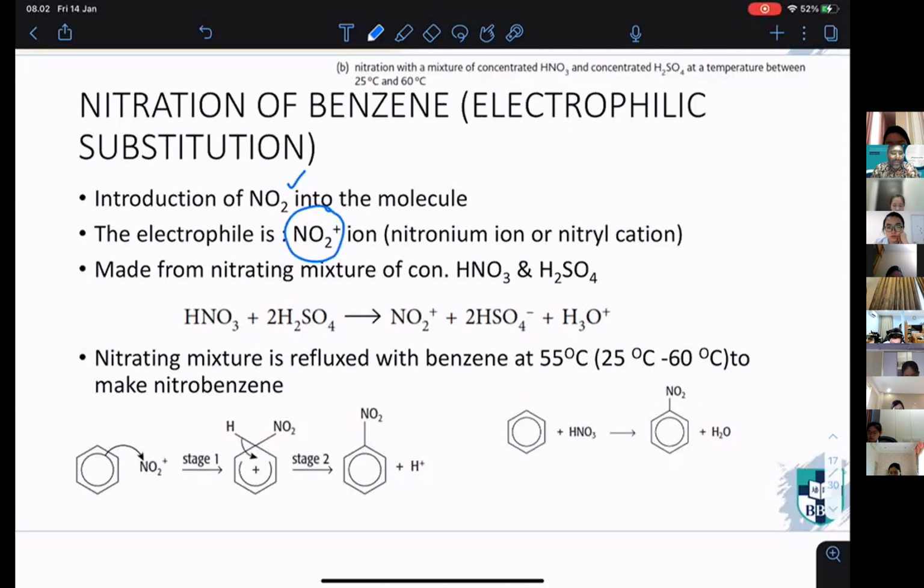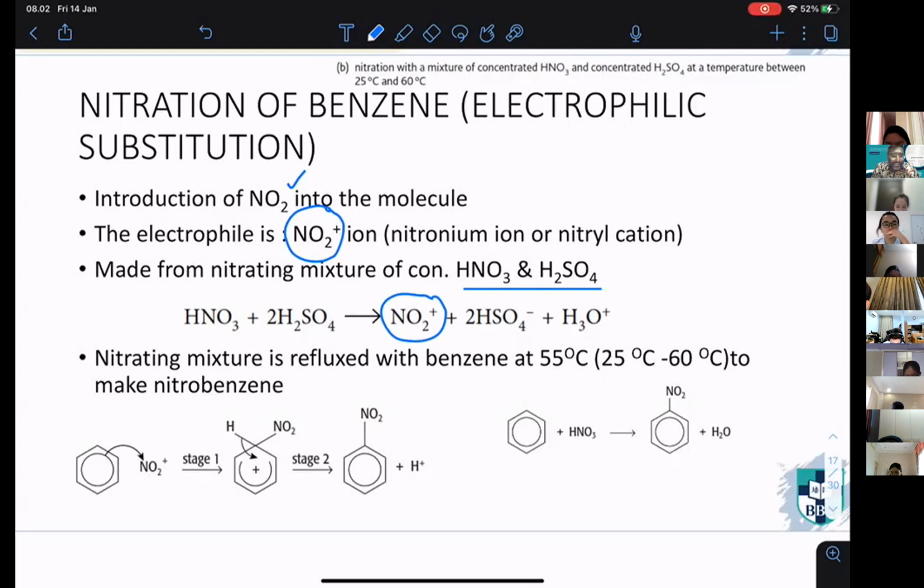You are going to use these two in combination to generate the NO2 plus electrophile. It's not showing over here. Let's wait, it's my connection again. So NO2 plus electrophile is there.